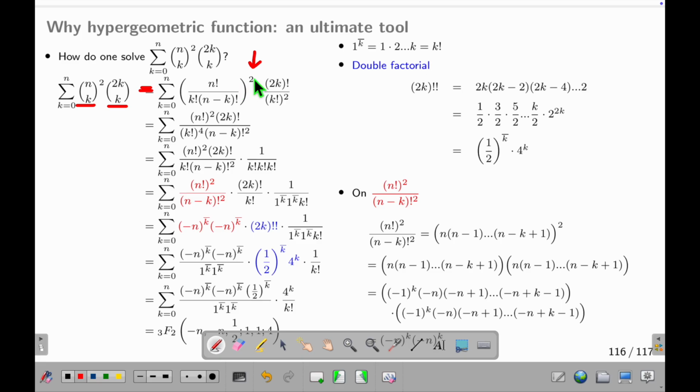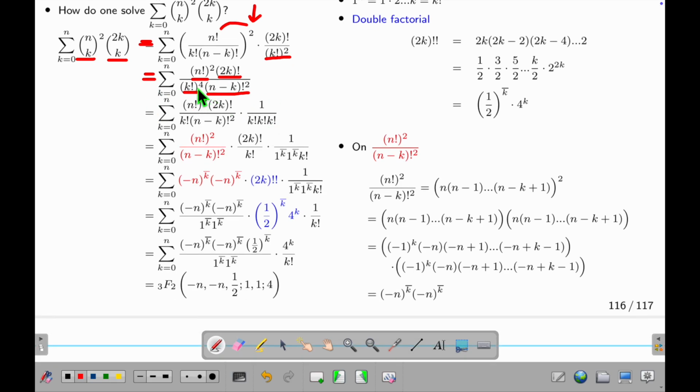Then what's next? This 2 goes to here, you get this one. This 2k is this 2k, nothing changed. This k square is combined with the k square here, become k to the 4th. And then n minus k factorial squared, you have this. Okay, now we are at this step. Then what I'm going to do, these have 4 copies of k factorial. I split them, 1 is there, and 3 is here.